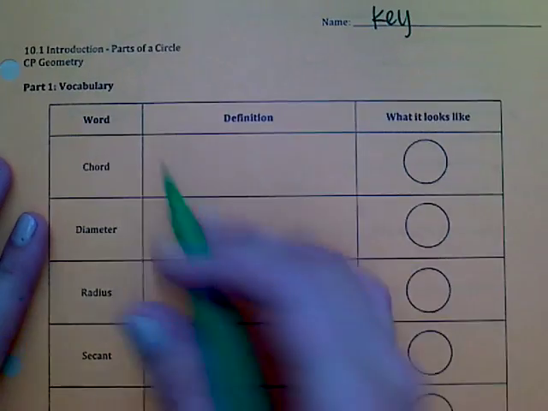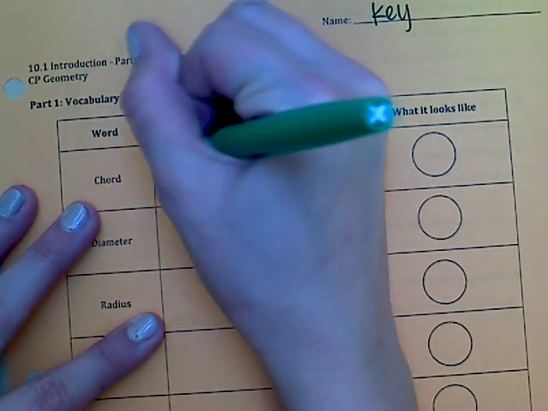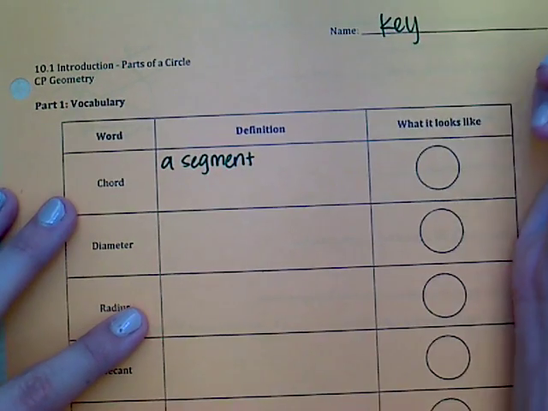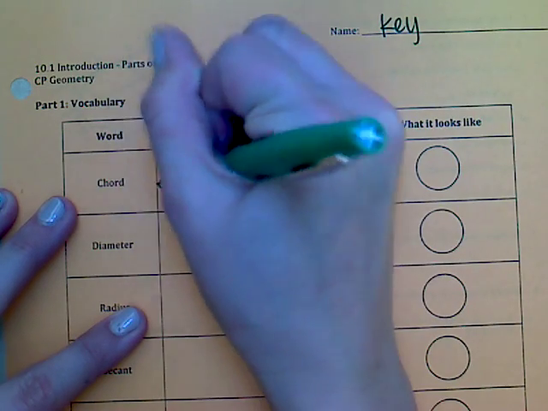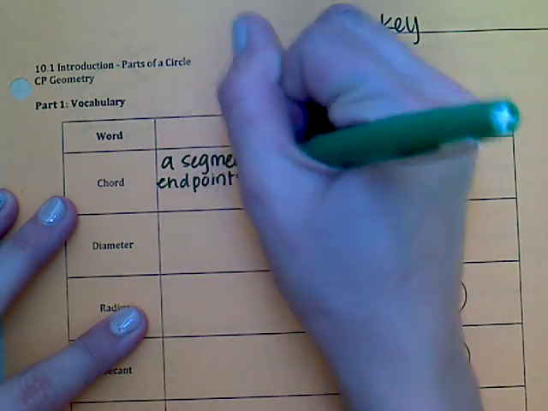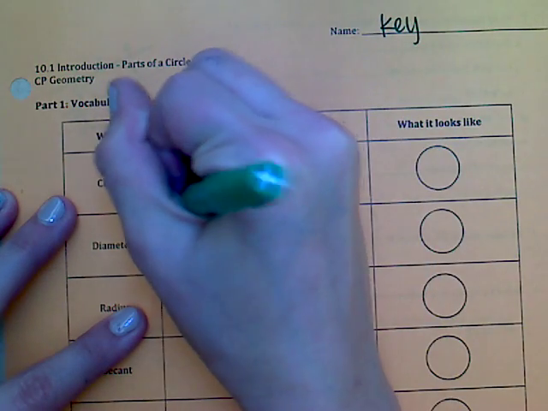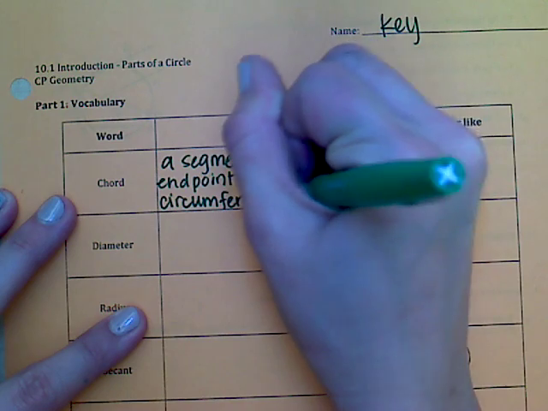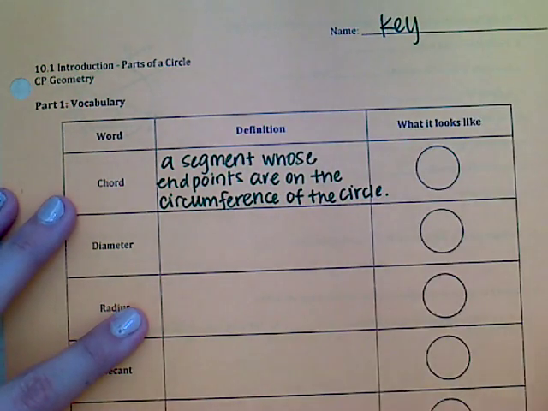So the first one is a chord. A chord is a segment whose endpoints are on the circumference of the circle.